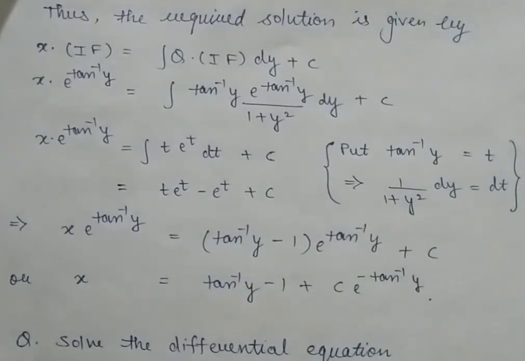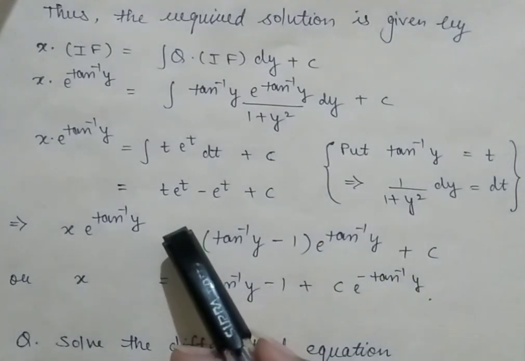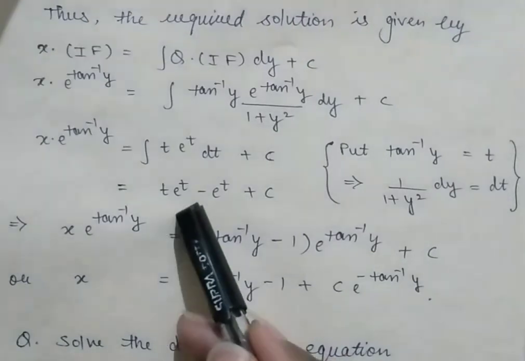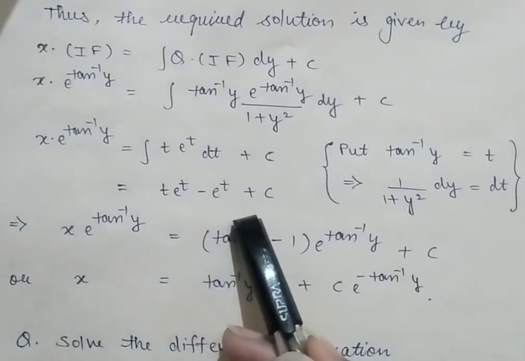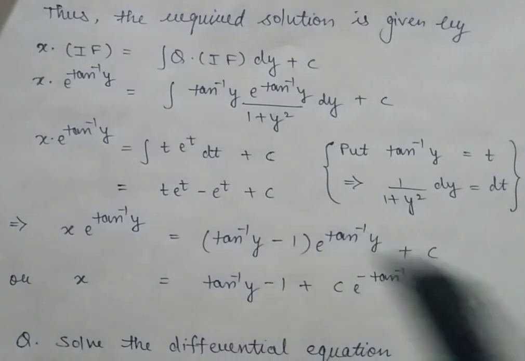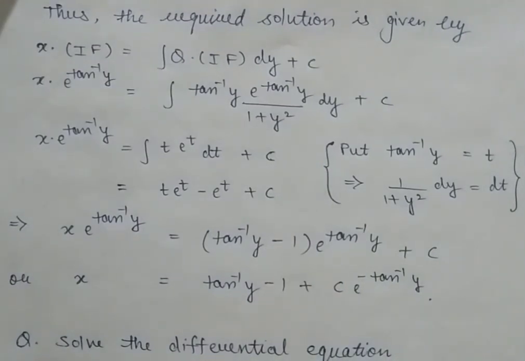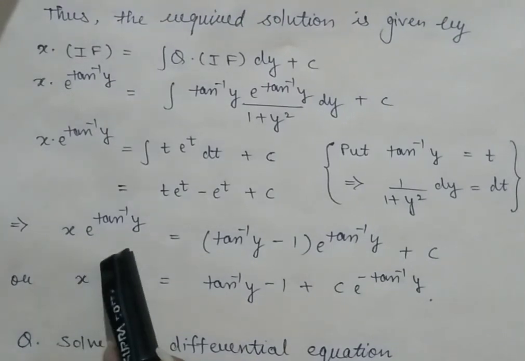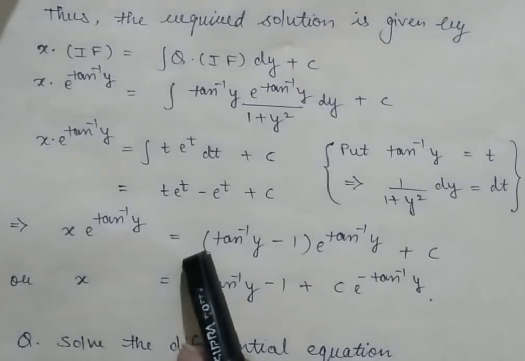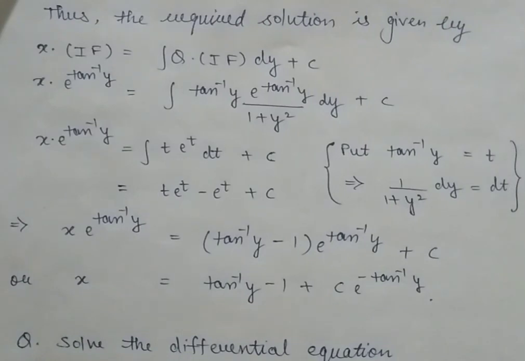Now we integrate by the ILATE method. So this is t e raised to the power t minus e raised to the power t plus c, where c is the constant of integration. Or x into e raised to the power tan inverse y equals, in place of t, I will write again tan inverse y.